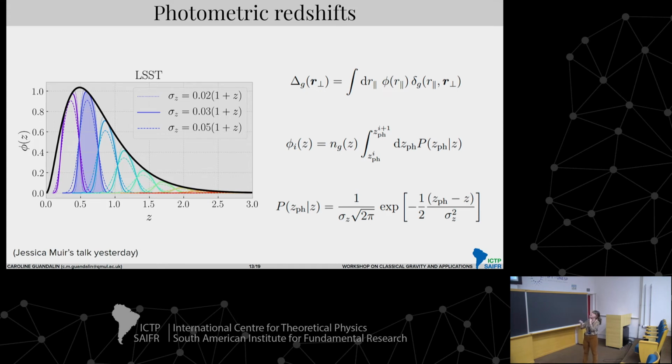However, if you're doing this with photometric redshifts, you have an uncertainty associated with this galaxy, meaning that a galaxy at redshift 1 can be plus or minus something which is non-negligible. So you have a large error in your redshifts, which I'm parameterizing by this parameter sigma z. So the larger this value, the more uncertain your redshift is.